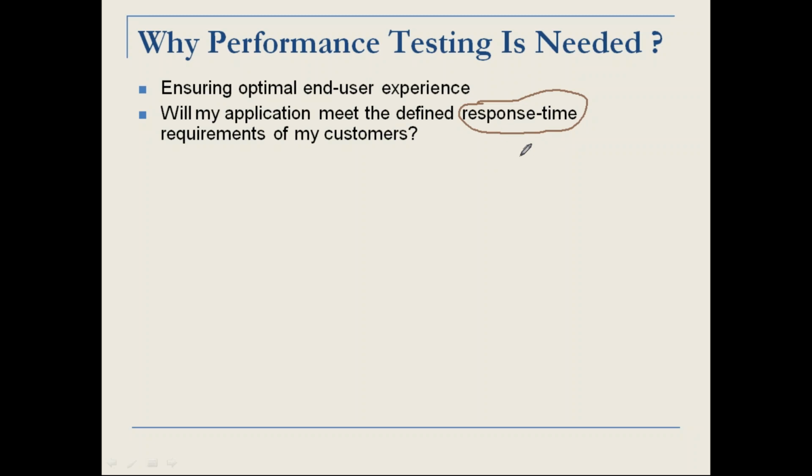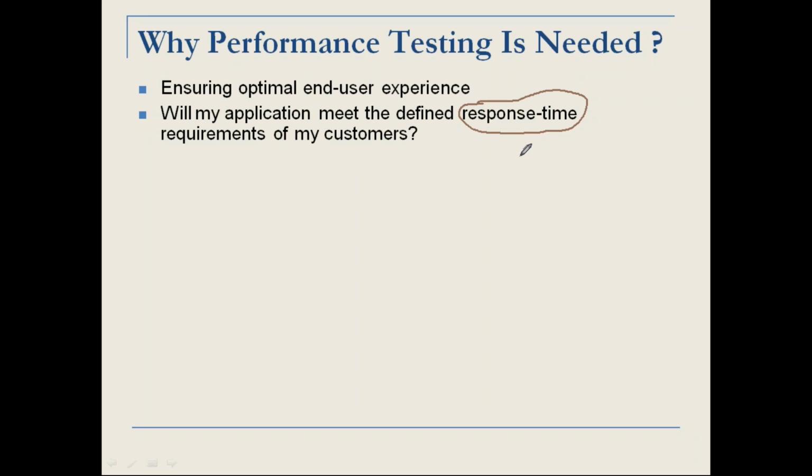So as a performance testing team, the development team or the business analyst of that application, or the owner of the application, would define that all the transactions of this application should be below 5 seconds. When the load on the application is 500 users, that could be a requirement. So taking that requirement, we do performance tests, and our test result would say which of those functionalities are coming between 0 to 5 seconds, and which are crossing 5 seconds.